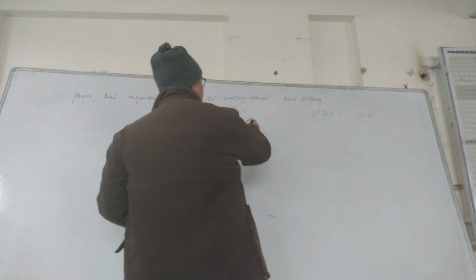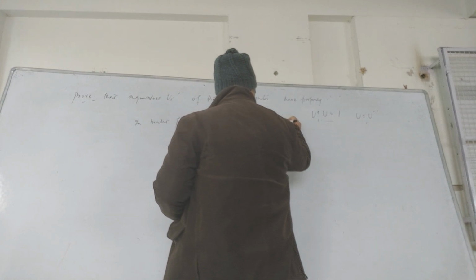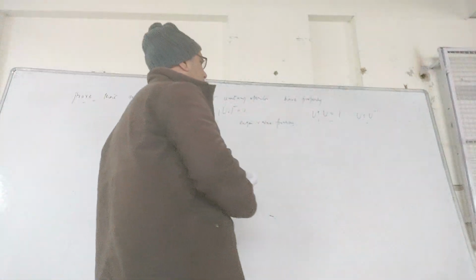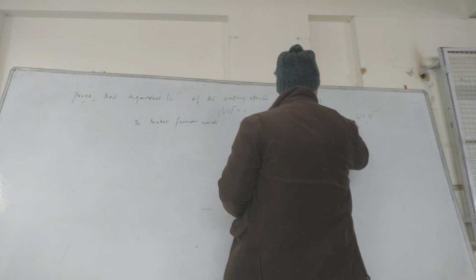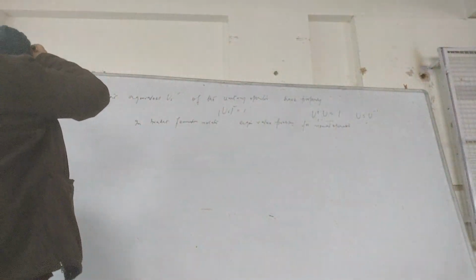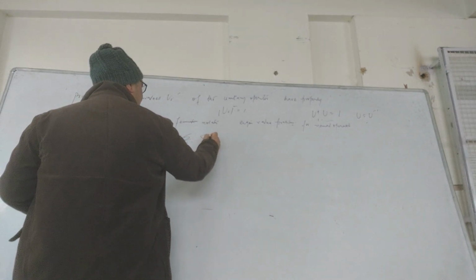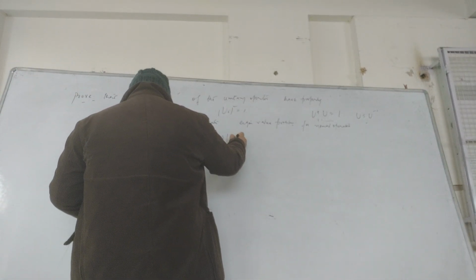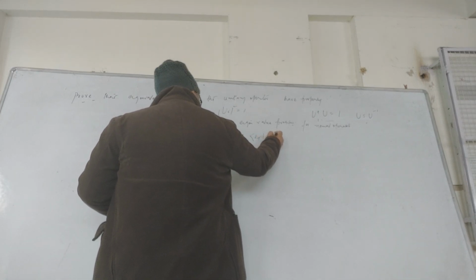So the eigenvalue problem for the normal operators can be written as ki, kj, al prime.